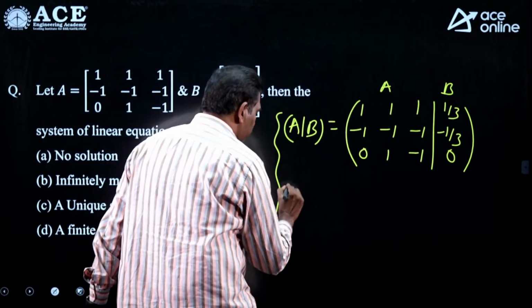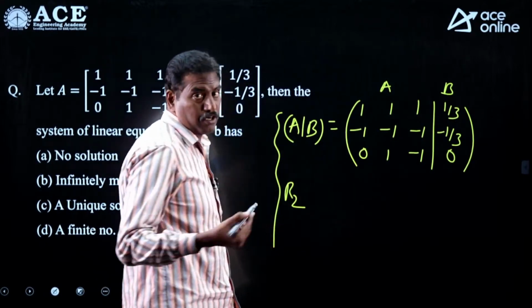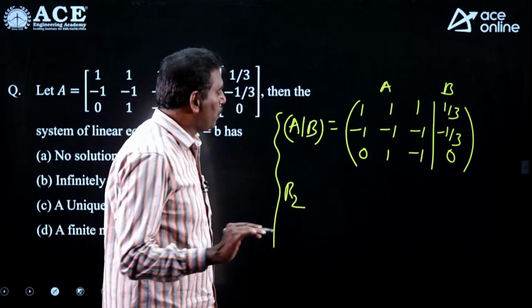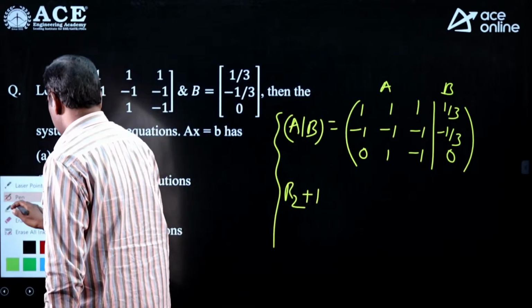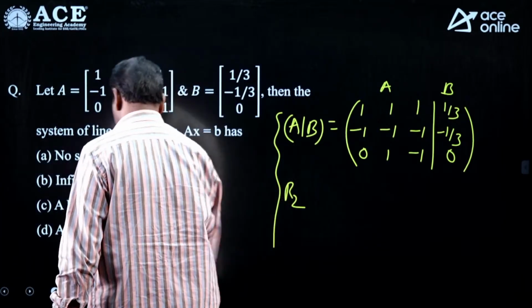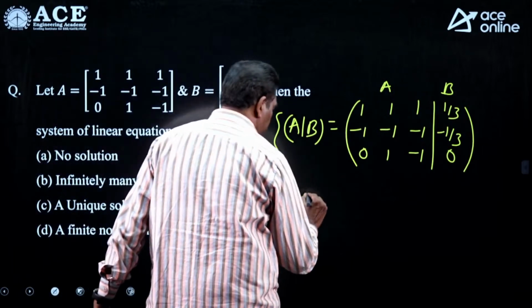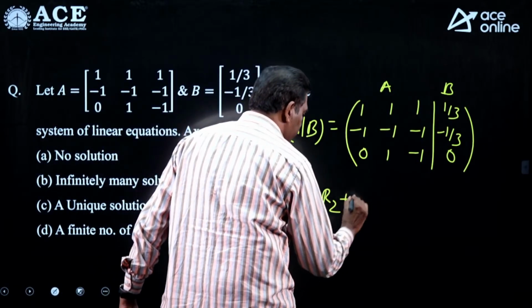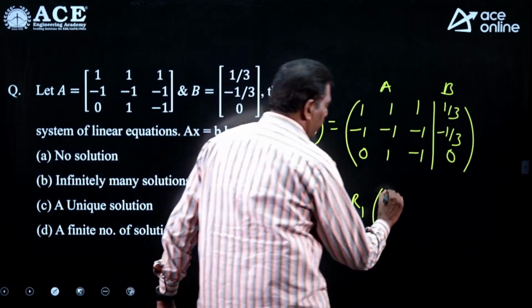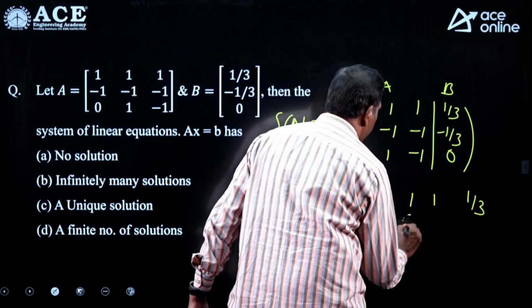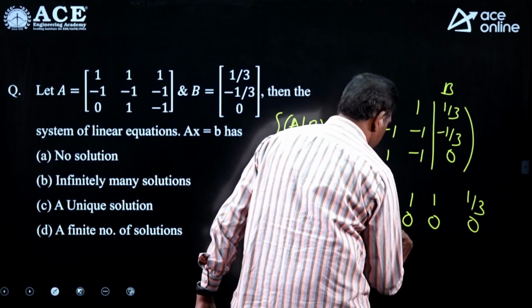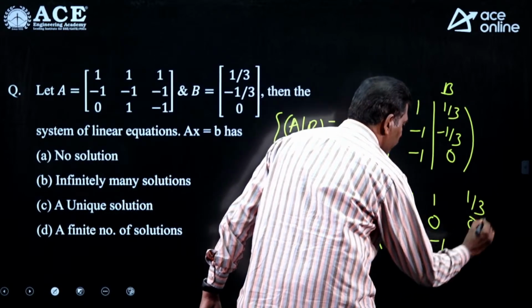Already in the third row, the first element is 0. Don't touch this third row. R2 implies R2 plus R1. That is 1, 1, 1, 1 by 3; 0, 0, 0, 0; 0, 1, minus 1, 0.